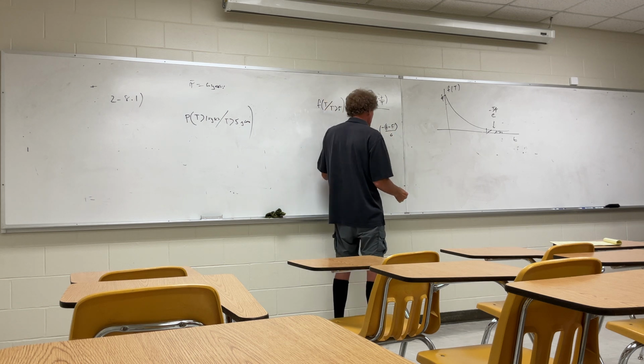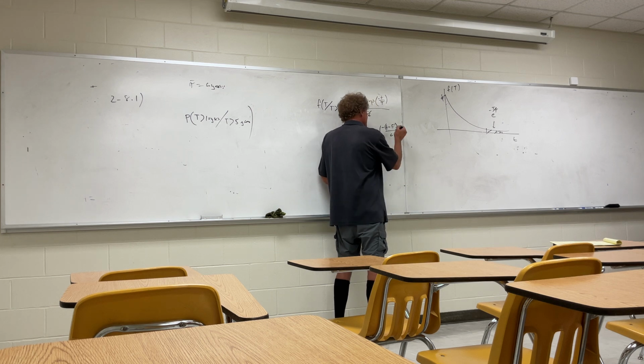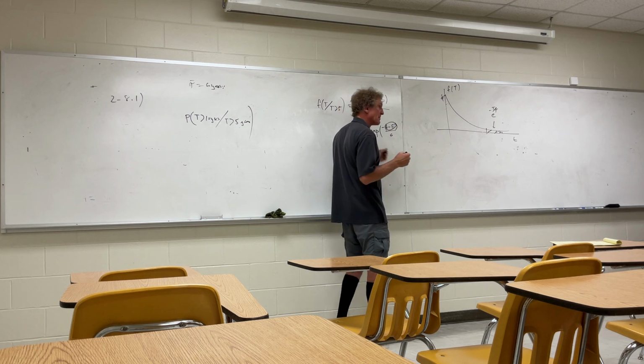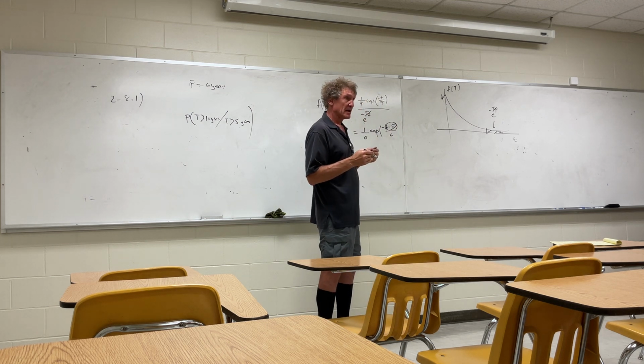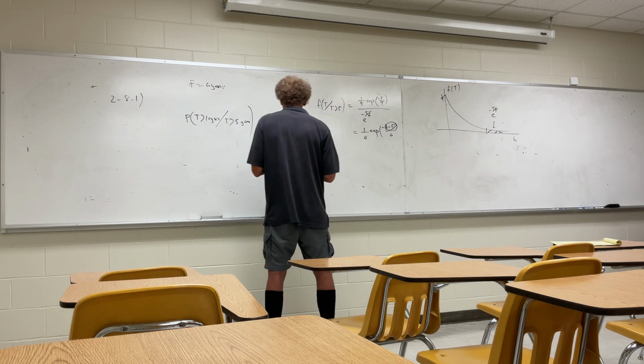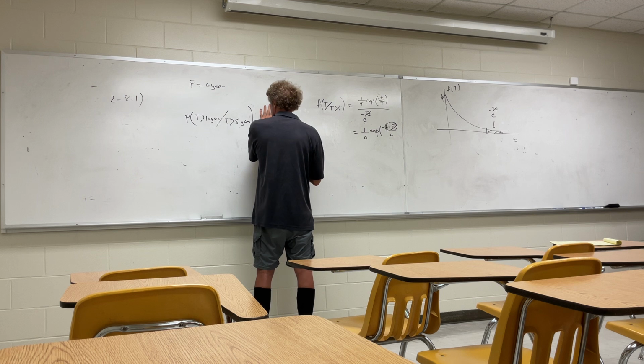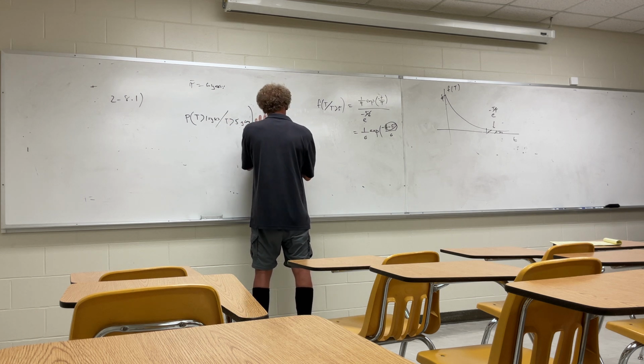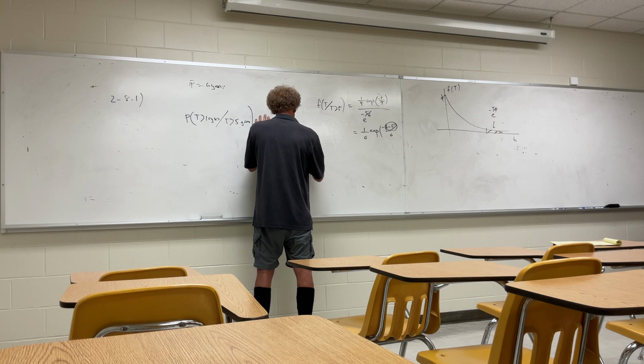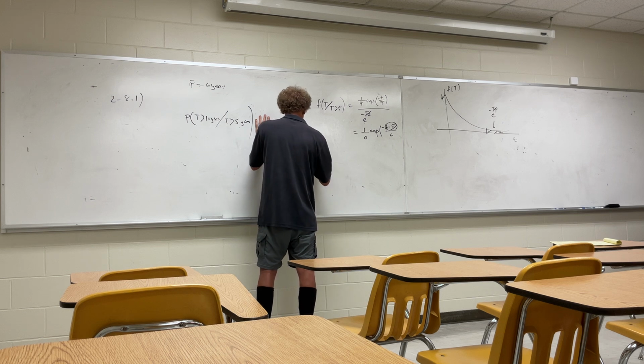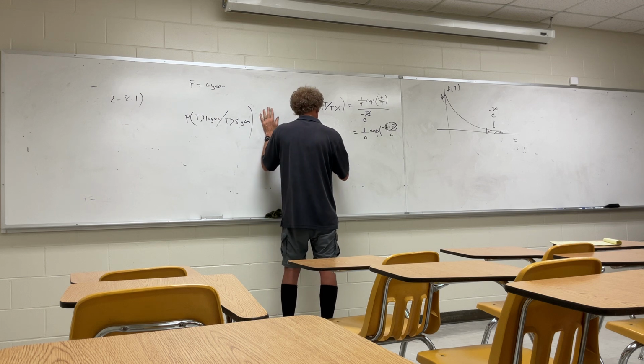Now here's my whole point on this one. When you look at this difference, t minus 5, right there, it is significant, because what it really says is that the probability that t is greater than 10 years, given that it lasted t greater than 5, is the same thing as the probability of t greater than 5 years.